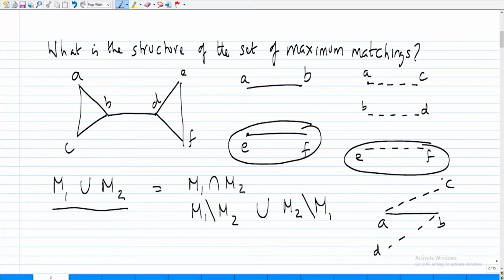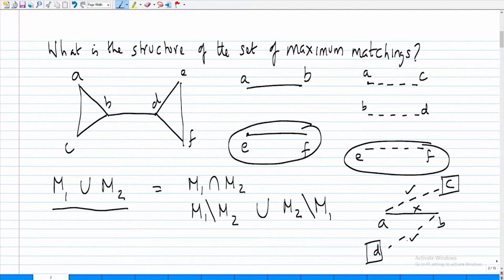What you now see is that C is an unmatched vertex in M1 and D is an unmatched vertex in M1. And you now have the possibility of doing an exchange in matching M1. So what is the exchange? Remove this from the matching and add these two. In other words, you are augmenting the matching by using a special kind of substructure. We'll name the substructure shortly, and you are getting a larger matching.